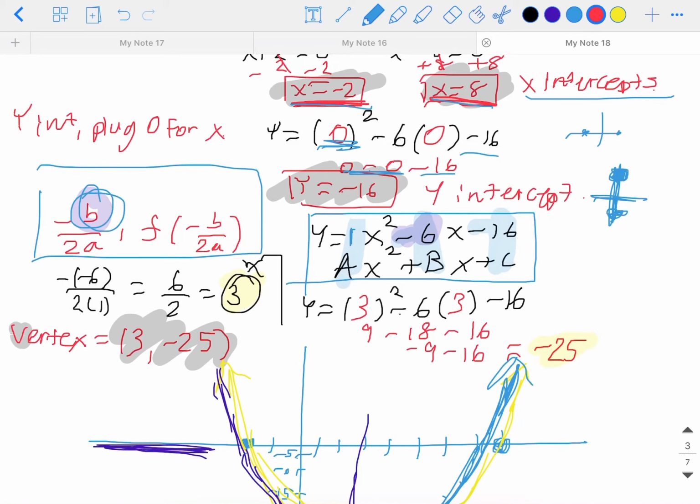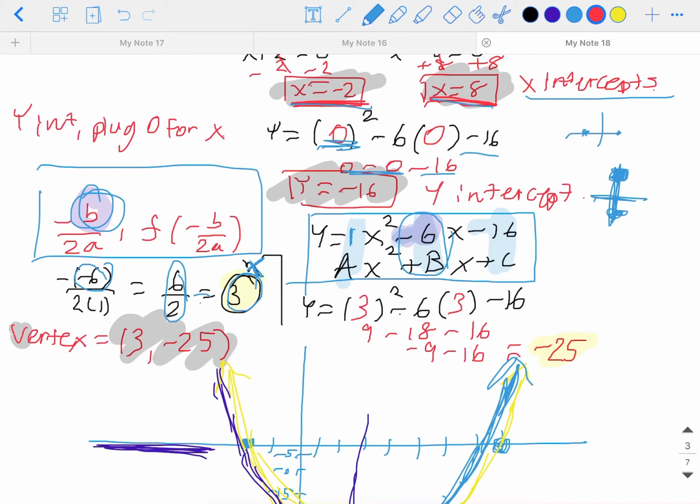By the b value, negative 6, you see the substitution there. You can just do the math. Negative of negative 6 is positive 6, over 2 times 1, which is 2. 6 over 2 reduces down to 3. 3 is considered to be the x of the vertex.